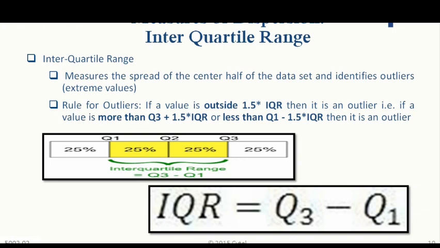It is not chronologically ordered. You might think that you are ordering it according to time and then taking the first 25% of observations. No, this is regarding the value of the response variable, and you are going by the observation value and not according to time. When you do this, the interquartile range is defined as Q3 minus Q1.